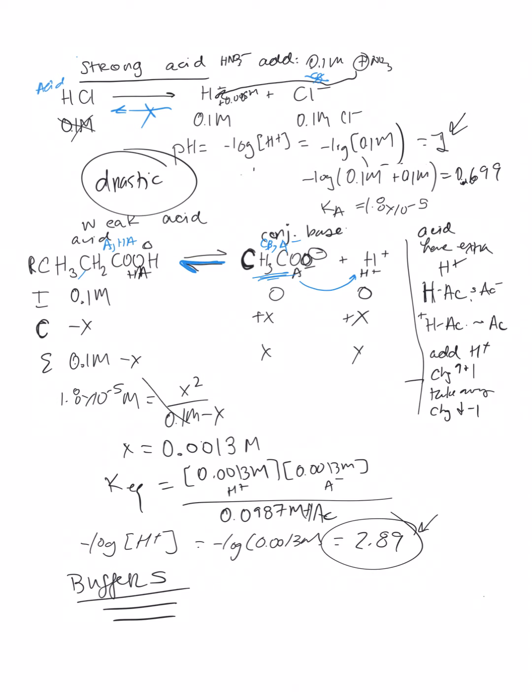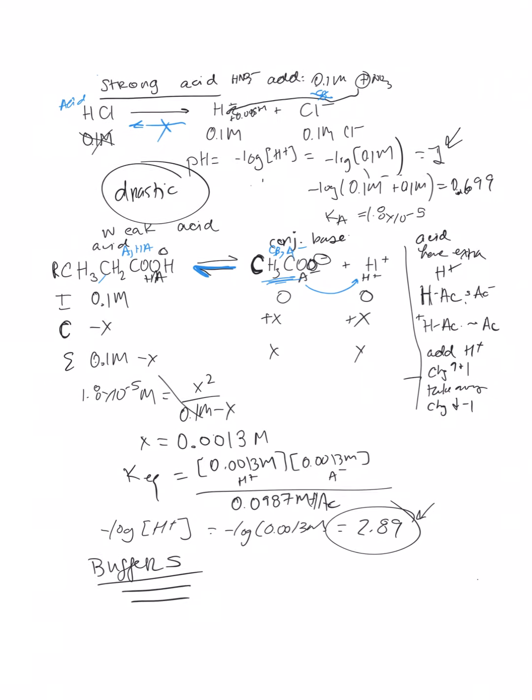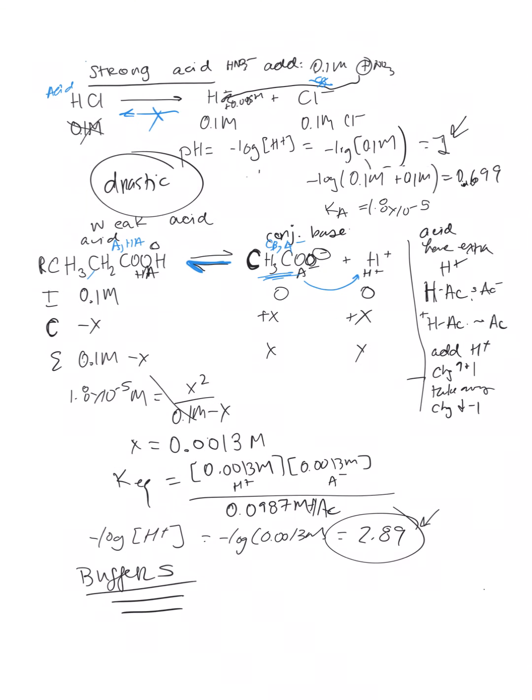All right, so what happens here is, because you have both the weak acid and the conjugate base, or you can have a weak base and a conjugate acid, because you have both the acid and the base form present, you are able to resist small changes in the amounts of acid or base that are added into the equation.